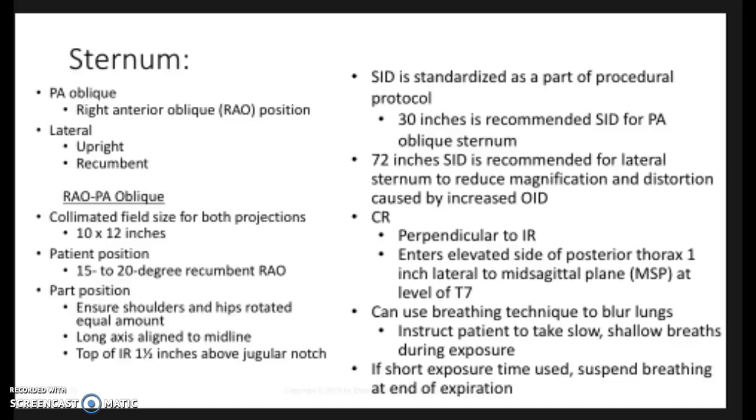Once you get it right and get them lined up against the image receptor, you bring your distance in to 30 inches. So be sure you're at 30 inches before you line up the collimation, because you want your light field to be the right size. As far as lining up on the posterior, you want to be 1 inch lateral to the midsagittal plane at about T7, where you center for your chest x-rays.